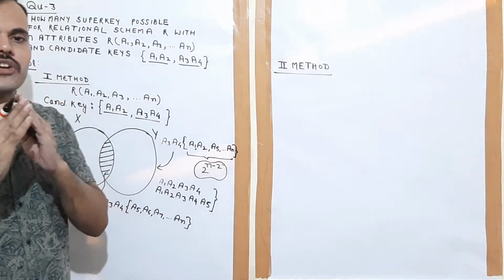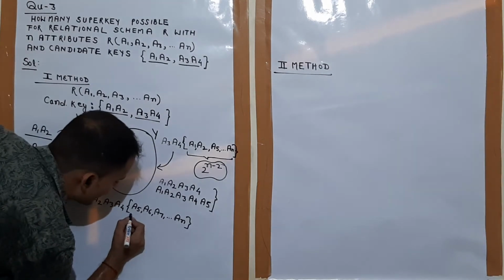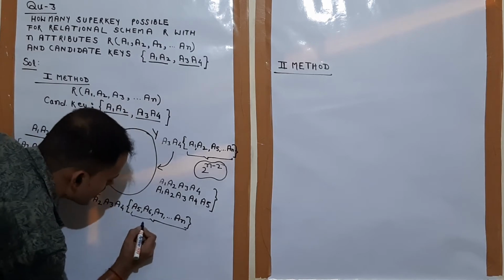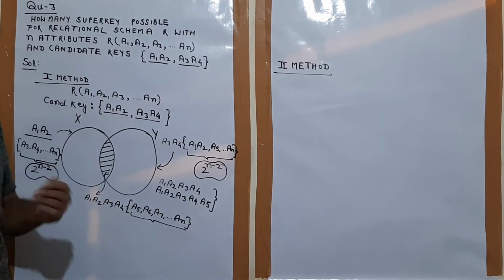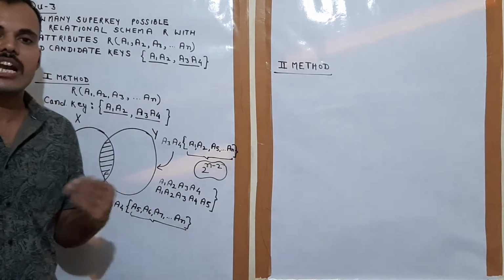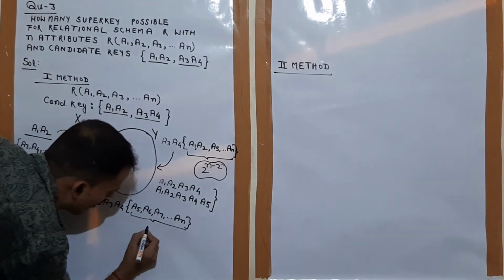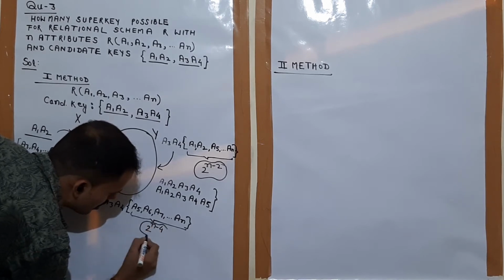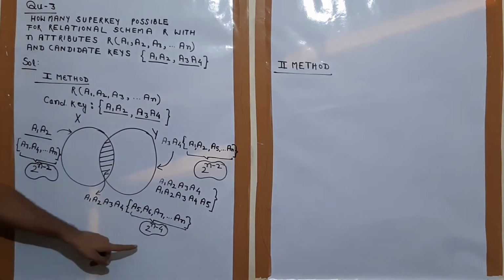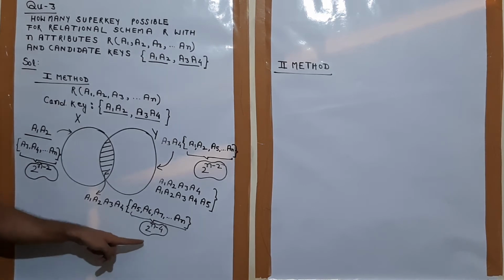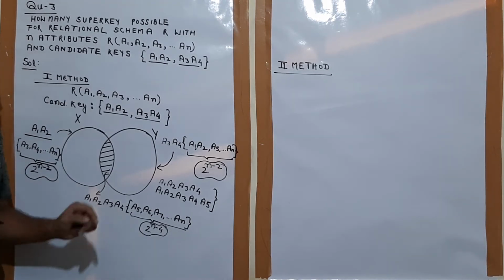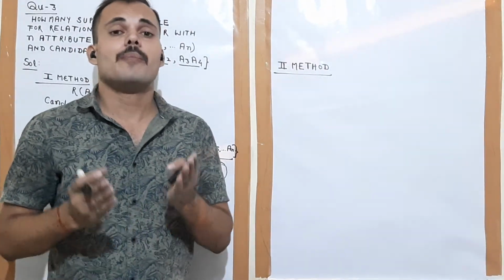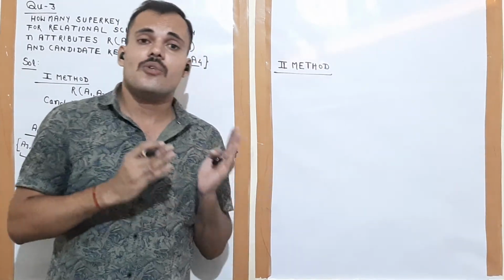There are total n attributes, so there will be n minus 4 attributes. How many subsets are possible of a set containing n minus 4 elements? 2 to the power n minus 4. Means 2 to the power n minus 4 super keys are there which are common between both the sets X and Y.